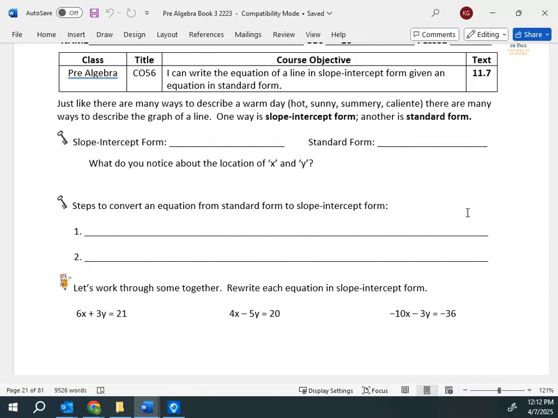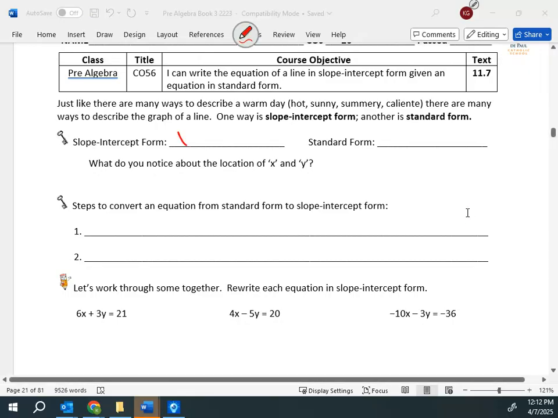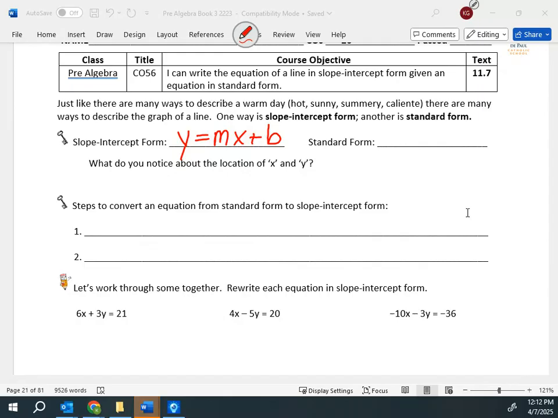So our slope-intercept form, you should all be able to fill in y equals mx plus b. Our standard form is ax plus by equals c. So we can see that we still have that y and x in our forms.